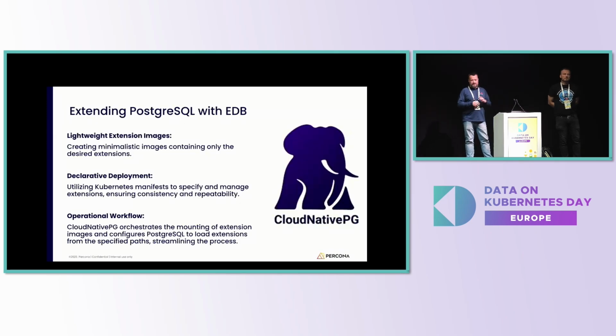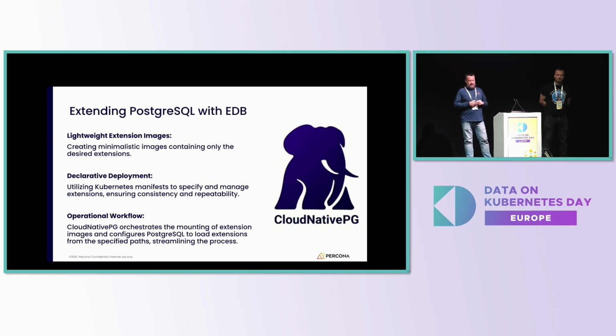Right, so looking at EDB, how do you extend Postgres with EDB? Well, they suggest using lightweight extension images, so creating minimalistic images containing only the desired extensions. They also have a declarative deployment, so utilizing Kubernetes manifests or YAMLs, we can specify which extensions we want to use, ensuring the consistency and repeatability of those images and those actions.